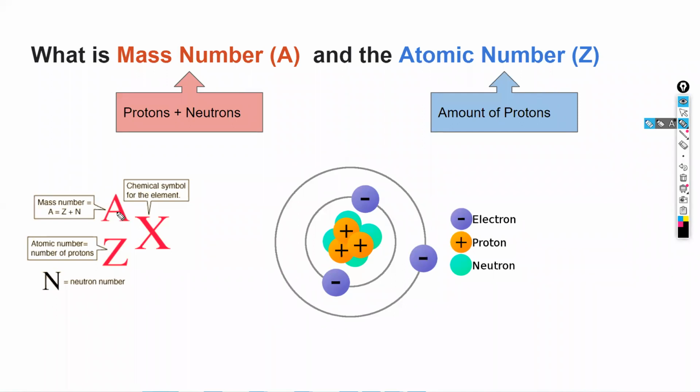That is being represented by the letters A and Z. The bigger number, you just call it the mass number, and the smaller number, which is represented by the letter Z, is called the atomic number. The atomic number always tells you how many protons the atom has. The top number tells you the amount of protons plus neutrons.